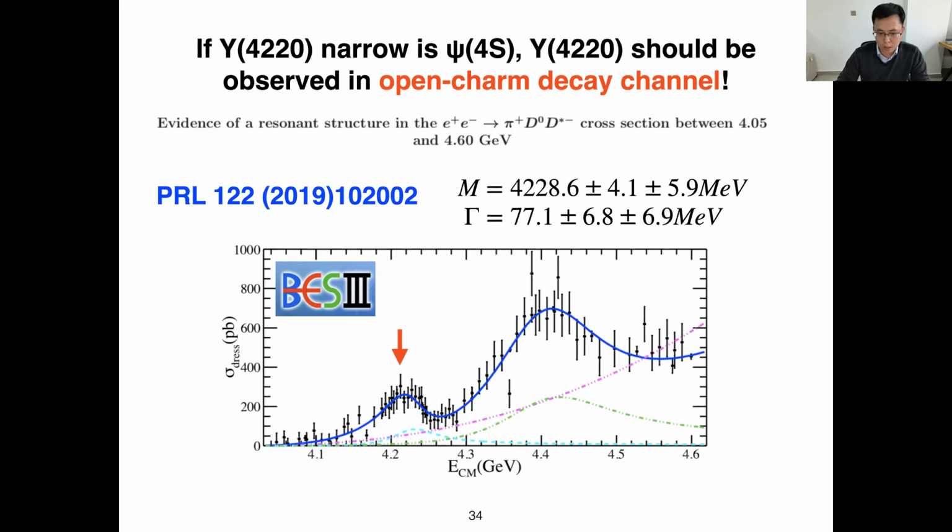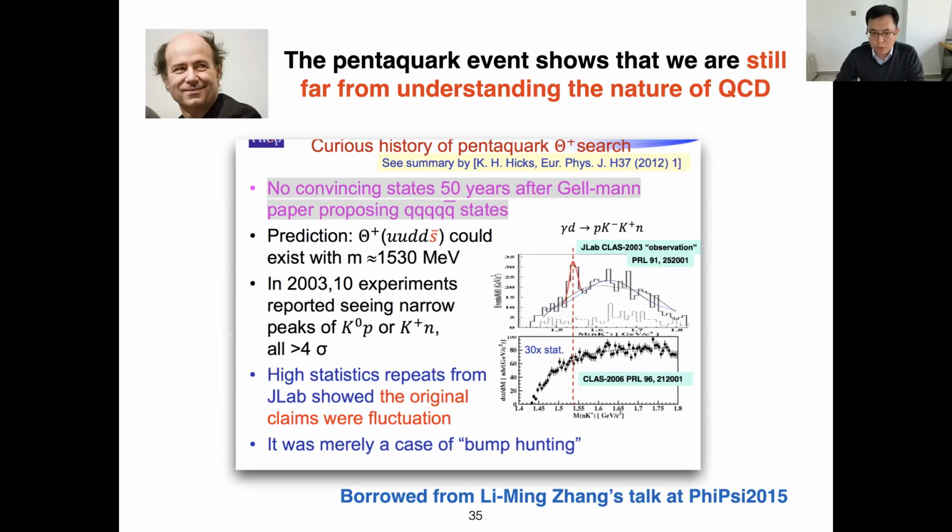So I think it's a very important progress for studying this structure around 4.2 GeV. I also want to talk about some lessons from the pentaquark studies.